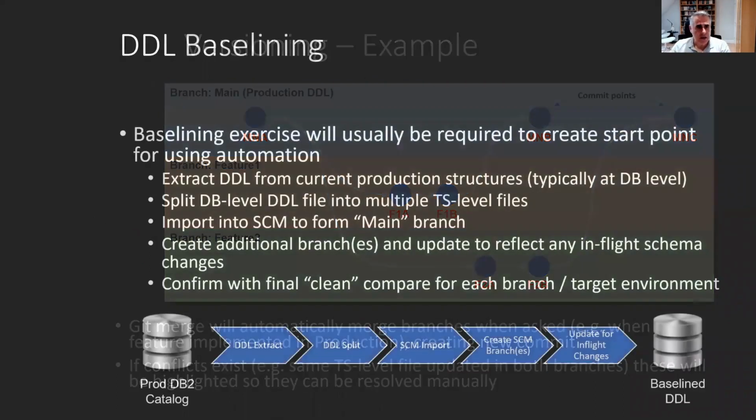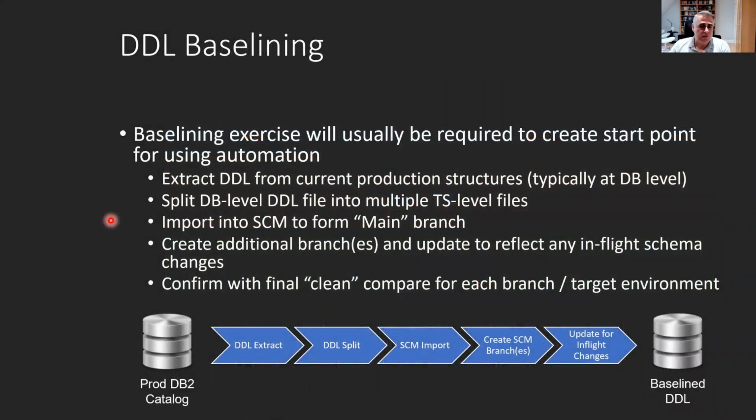With that versioning in mind then, the first challenge you'll find often when it comes to going away and implementing automation is to get our base level of DDL, our baseline, our current production DDL extracted and put into Git or whatever SCM you're using in order to allow you to start using the automation.